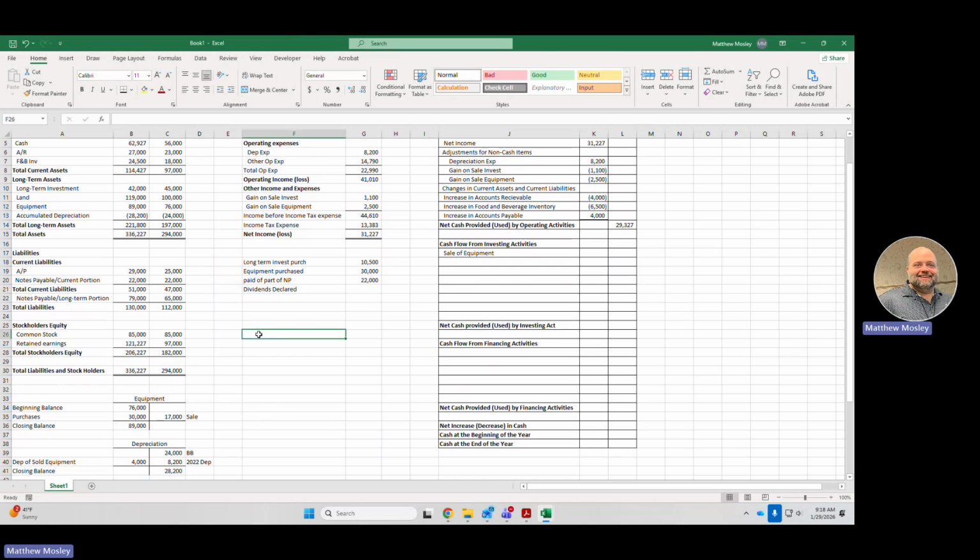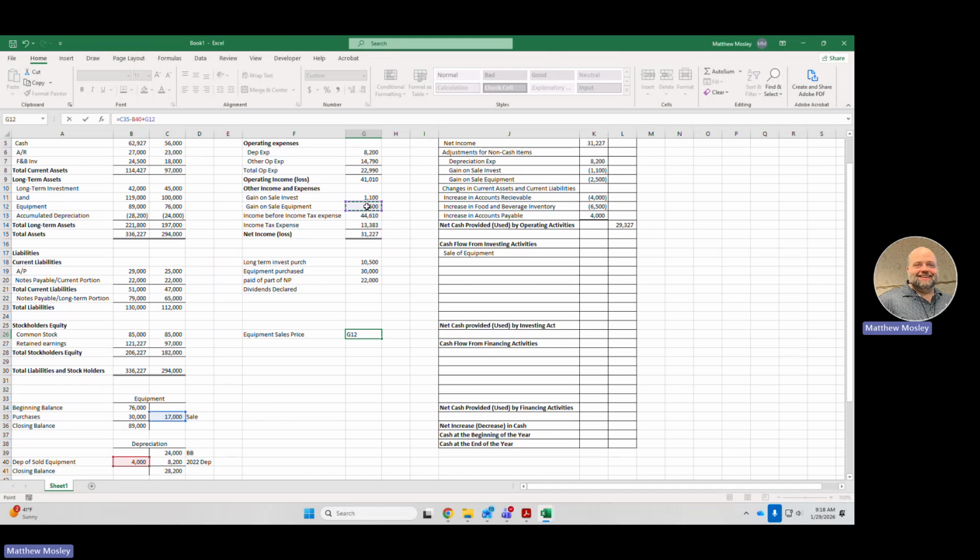Now, if we take equals this minus that, is that the correct amount? No, because we had a gain on sale of equipment. We need to add in that gain on sale of equipment.